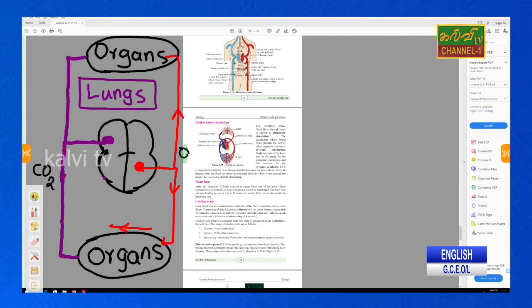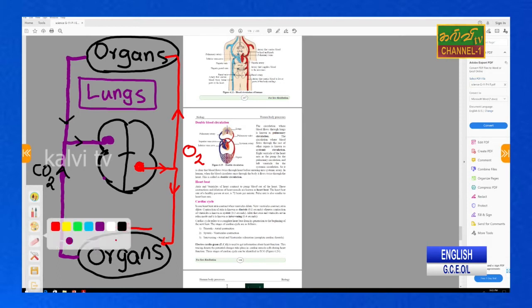This is oxygenated blood, and this is carbon dioxide. So carbon dioxide should be released to the lungs, but oxygen should be supplied to the organs.